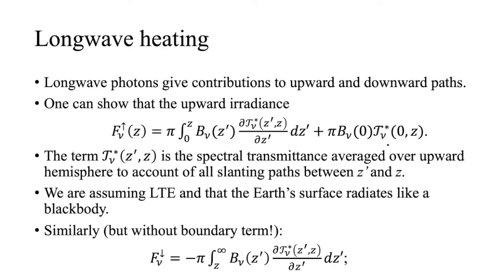Remember that transmittance was related to the optical path, right? And also, if you remember, we had said that both the source function here and what is emitted at the surface of the planet was the Planck function, okay? The Planck function here I'm showing as a function of height, not so much as a function of temperature, right?